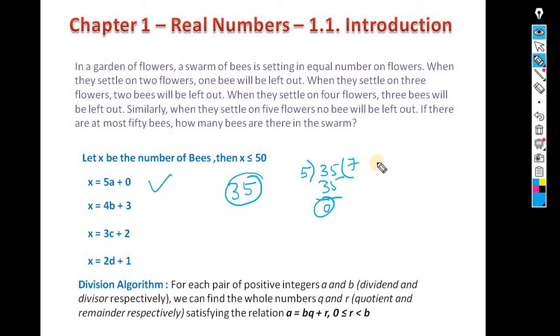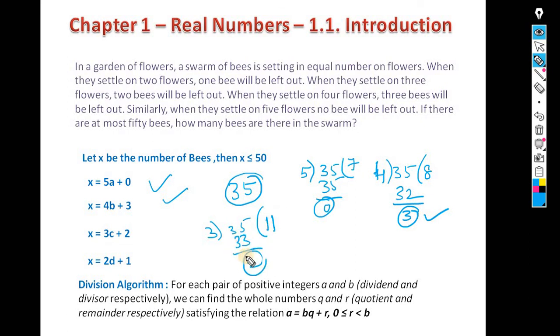And the second one, when I take 4 with 35, 8 times 32 and the remainder is 3. That means the second condition got satisfied. And 35, if I divide with 3, then 3 11s are 33 and 2 will be the remainder, which satisfies the next condition.